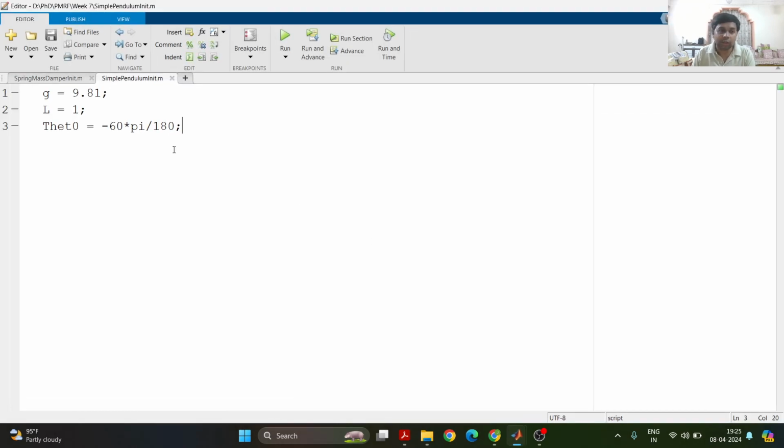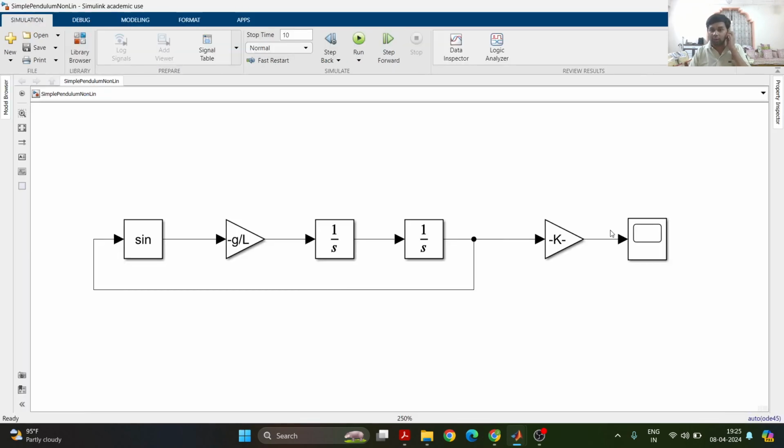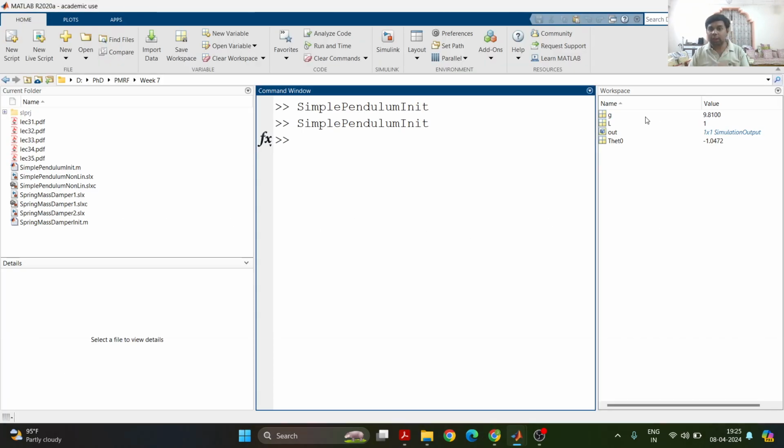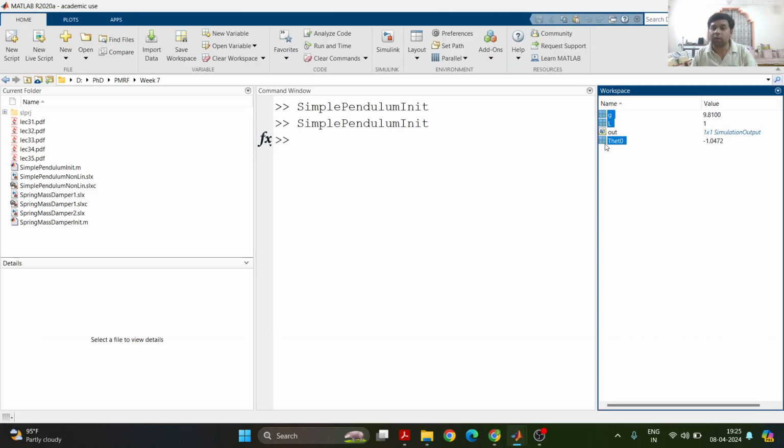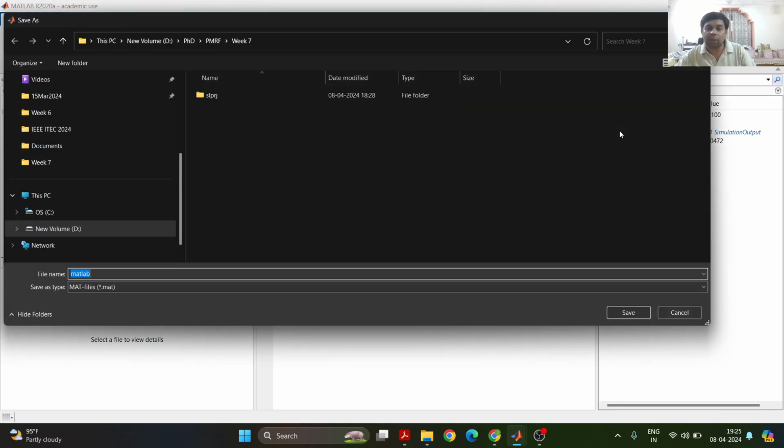You can actually create a dot mat file. So let us say we have these three parameters here and those are of our interest, then we can save these variables into a .mat file.